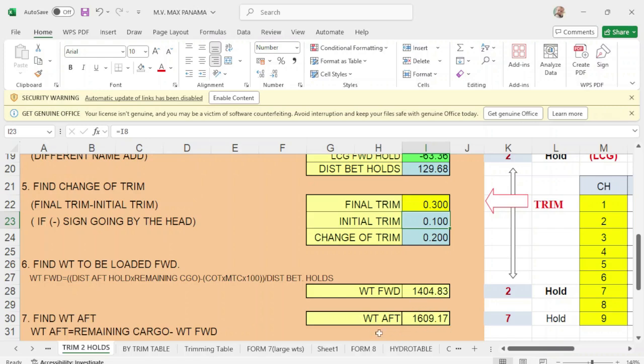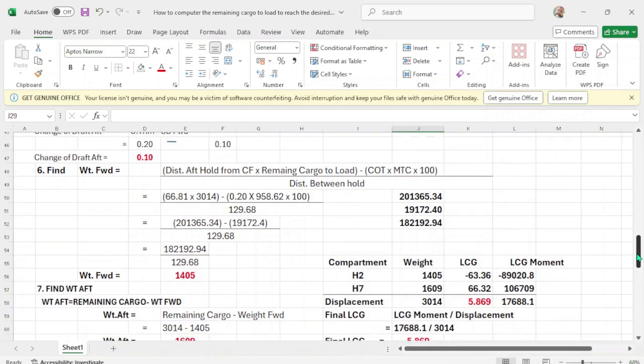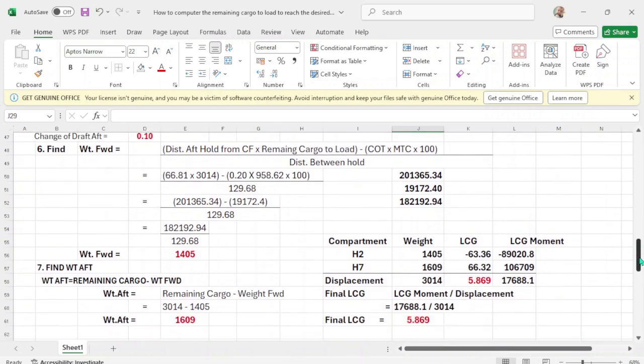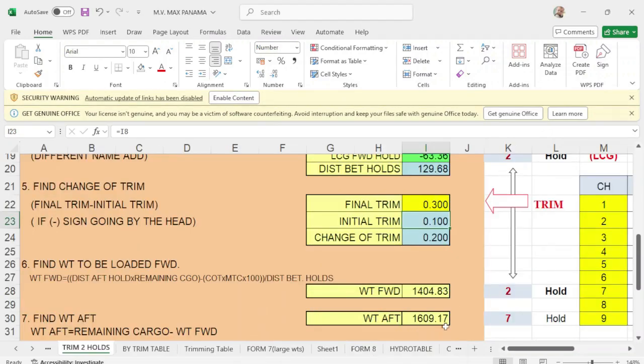Now we compute the weight for hold number 7. To find the weight up, weight up equals remaining cargo to hold minus your weight forward. So remaining cargo to hold is 3014 minus your weight forward, and weight up will be 1609.7.